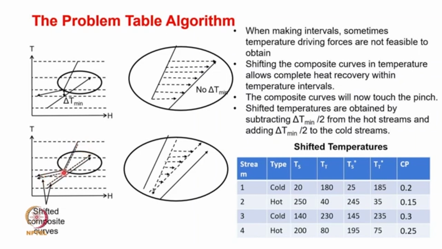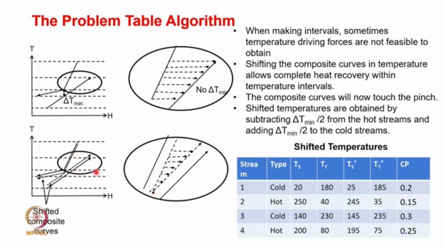We are only making them come closer or go farther apart along the delta T coordinate, and we are trying to keep them together. So the entire coverage of the shifted composite curve would be the same as that of the individual composite curve, and the analysis results will still hold.